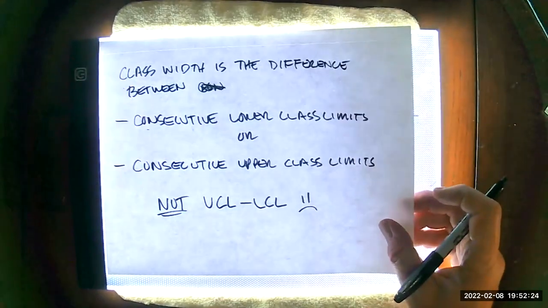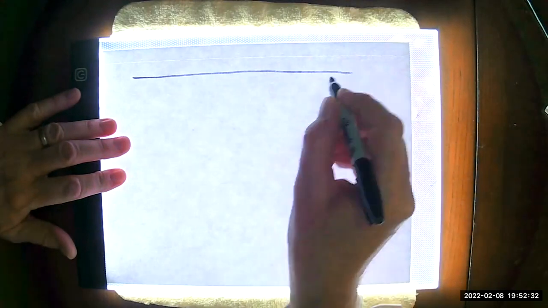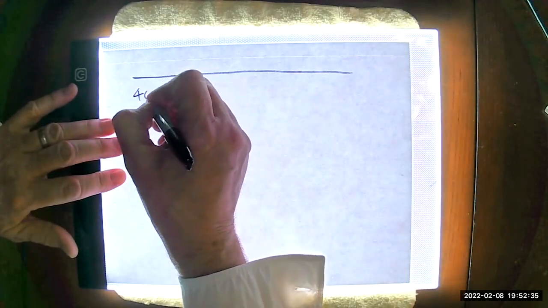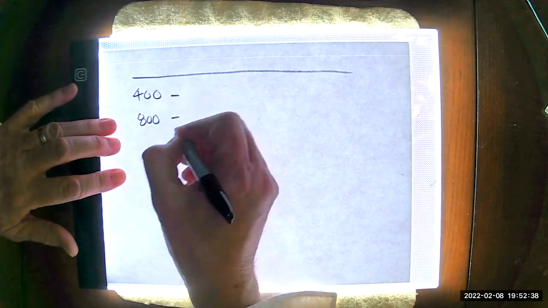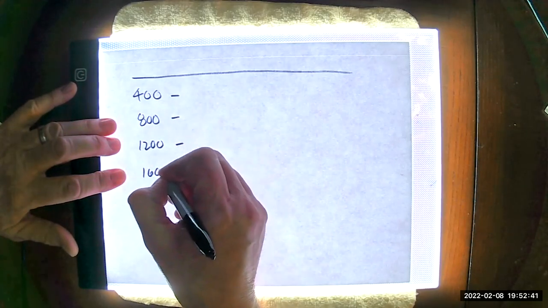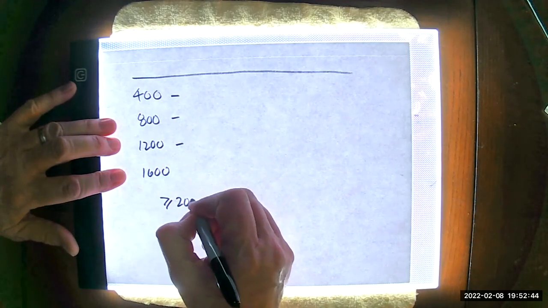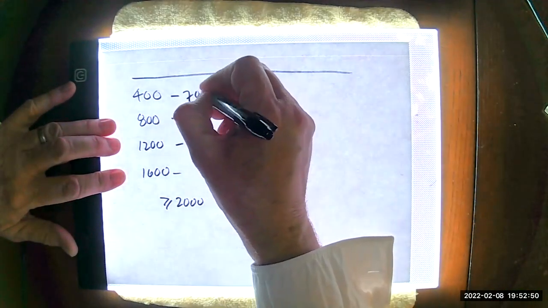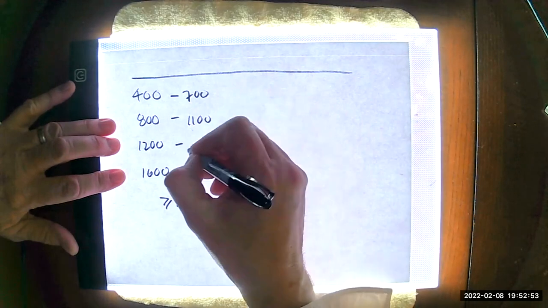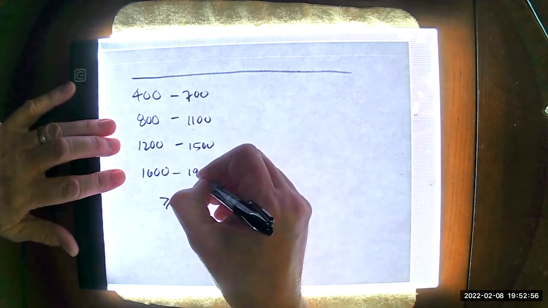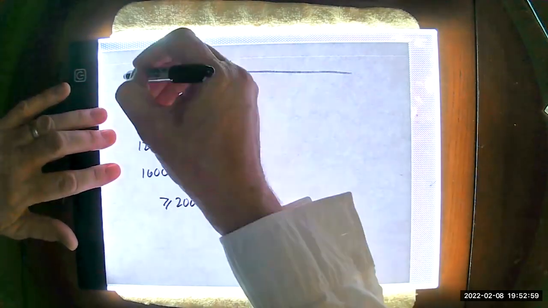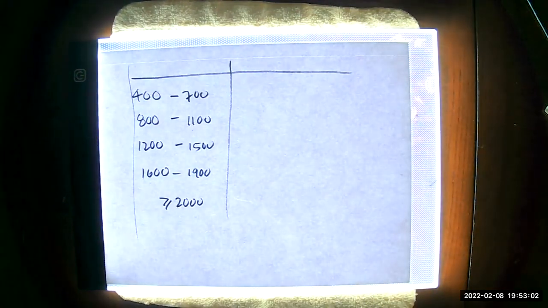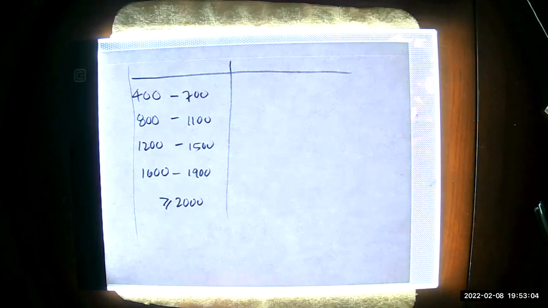So let me show you the class limit issue for the example in the handout, or I should say the review. Here again, this time I don't care about the frequencies. I care about the class limits now. All right, so those are my classes. Let's talk about the width of the first class.